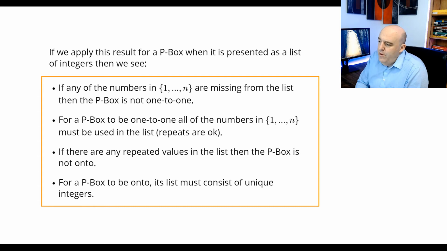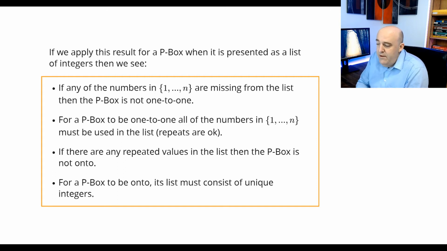And if we apply these ideas when a p box is presented as a list to us, then we can make the following statements. If we ever see any of the numbers from 1 up to n that are missing from the list, then there's no way the p box could be 1-to-1. In other words, for a p box to be 1-to-1, all the numbers from 1 up to n better be used in the list specifying the p box.